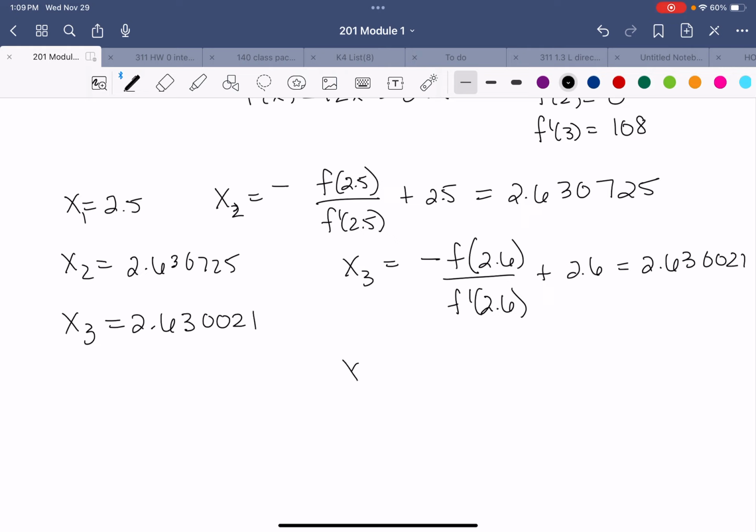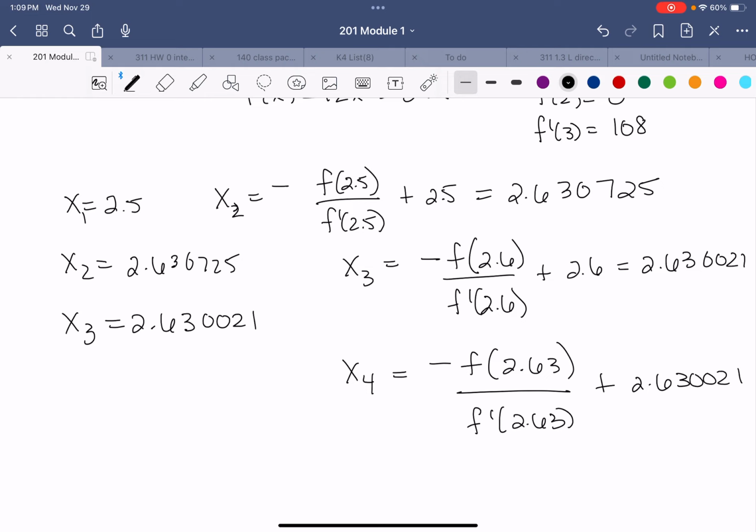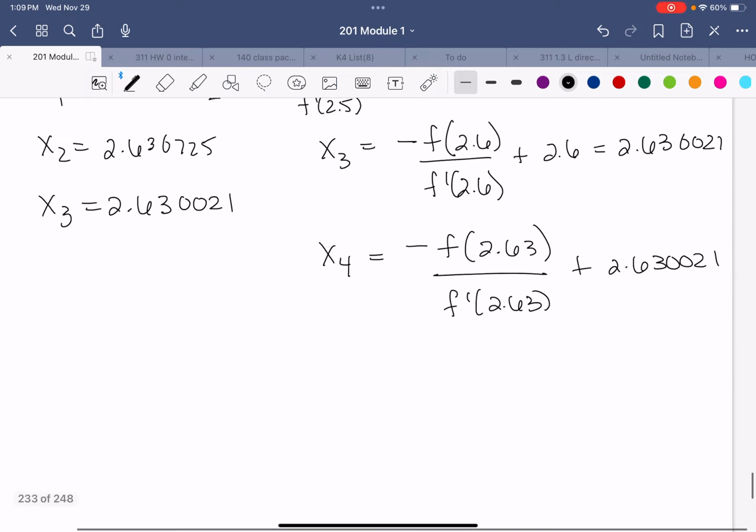To get my x4, we're going to do the same thing, negative f of that new number. Now it starts to matter more; I should be writing out more decimal places, but you know what I'm doing. With my graphing calculator, store alpha A, then second enter to get my function back, hit enter, and now I've got this.